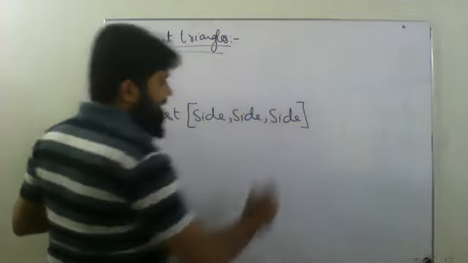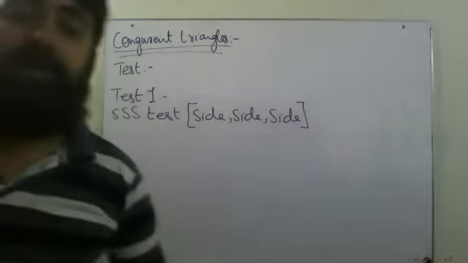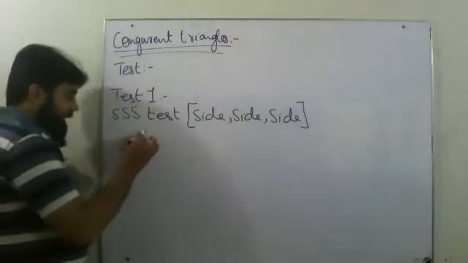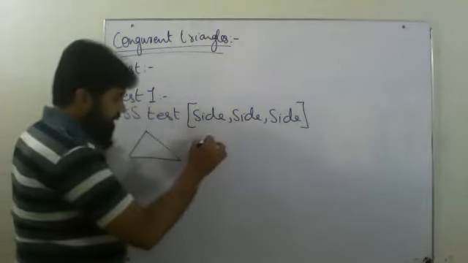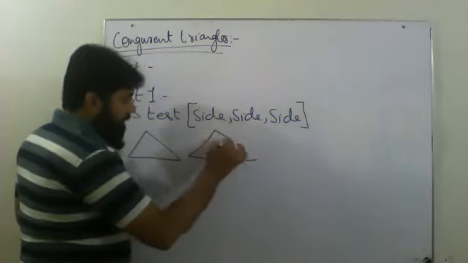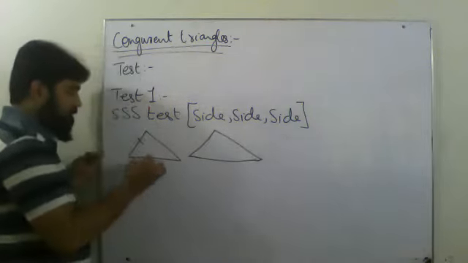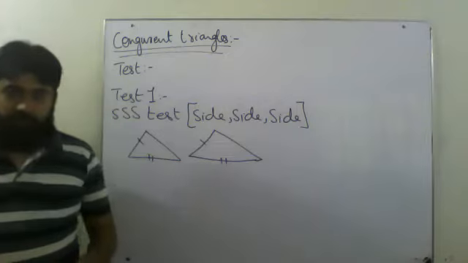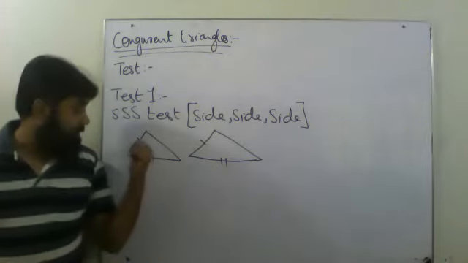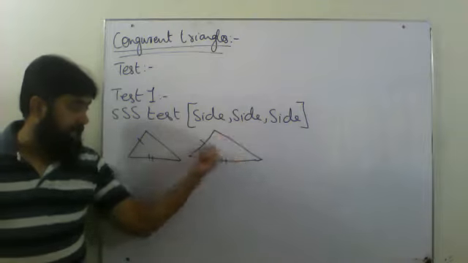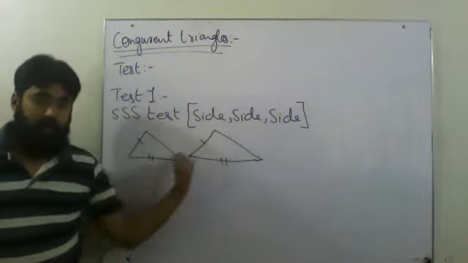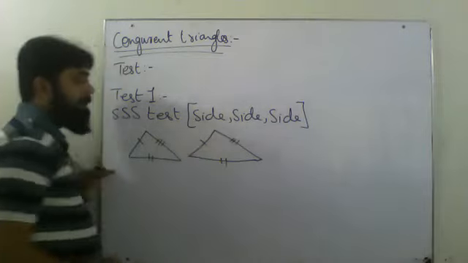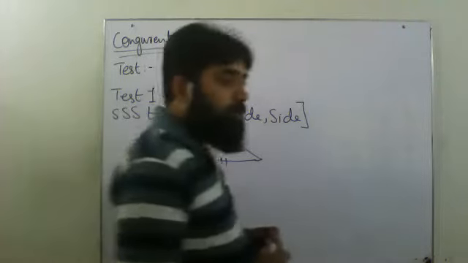Now, what do you mean by the side test? For instance, if this is a triangle 1, 2, 3, and this is another triangle 1, 2, 3. If in this test all three sides on this side and all three sides on this side are equal, you will directly say that they are congruent triangles.